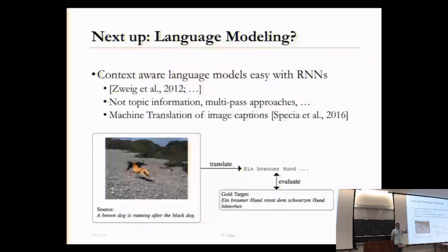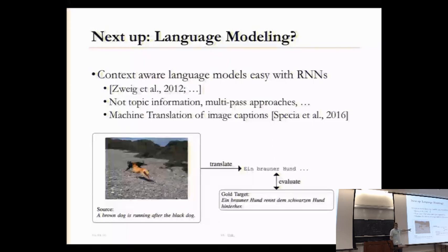So the obvious next question now is, if I know that this person is in the kitchen, wouldn't the language model be the thing that I want to adapt? Context-aware language modeling is starting to become a thing. Even machine translation is starting to become context-aware.